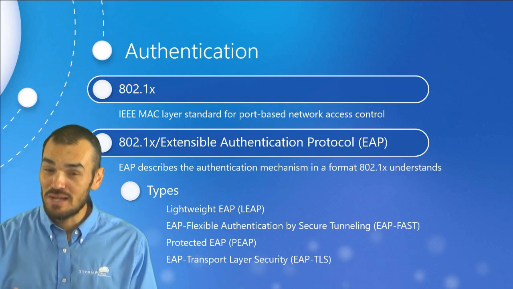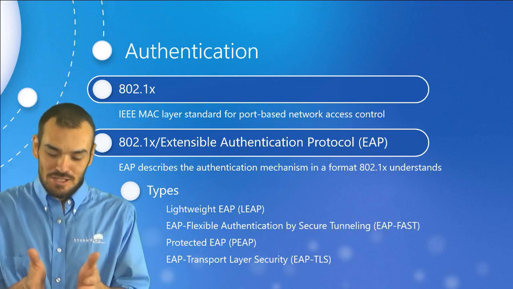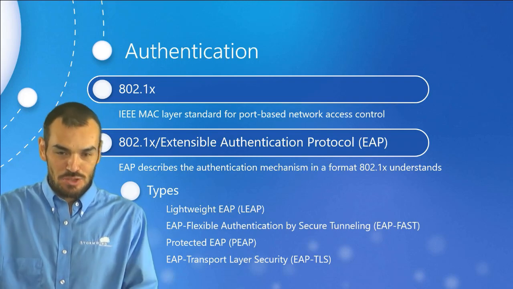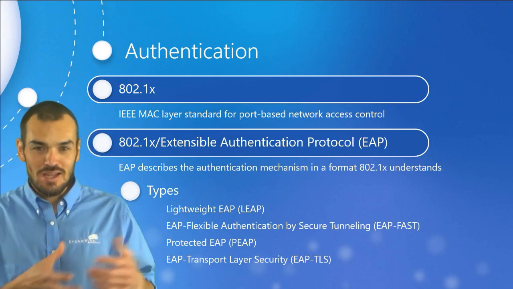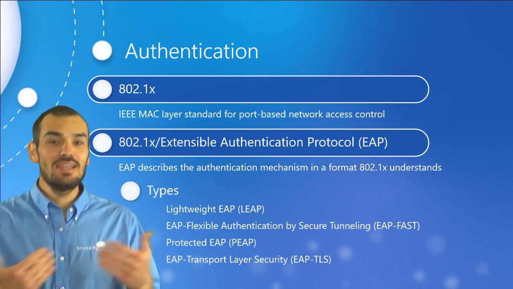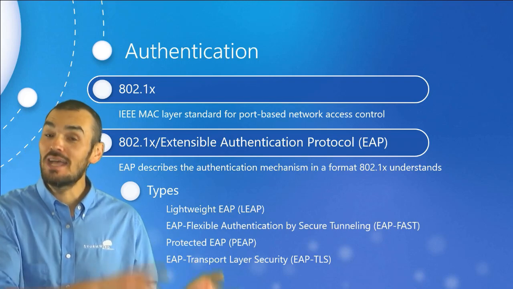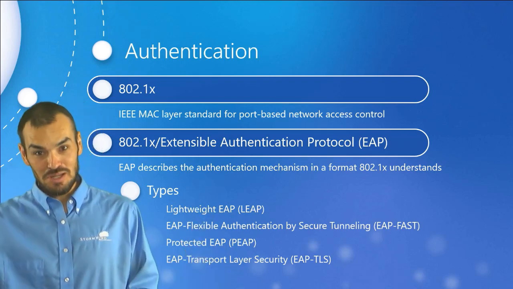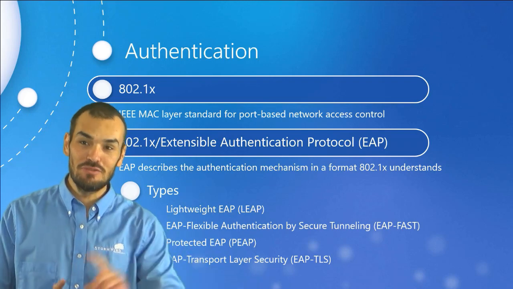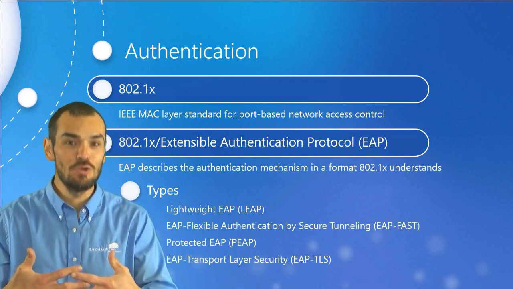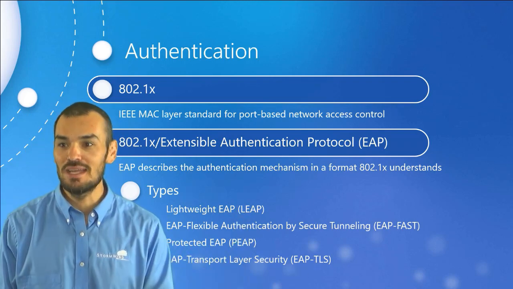So for lack of a better term, EAP is really the translator between the wireless headers and the wired headers, and they translate it in such a way that 802.1x can recognize, oh, this piece of information is that piece of information, authenticating who we need to authenticate and denying everybody else.